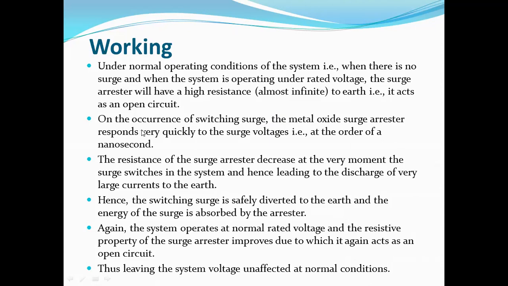Then on the occurrence of a switching surge, the metal oxide surge arrestor responds very quickly to the surge voltages.